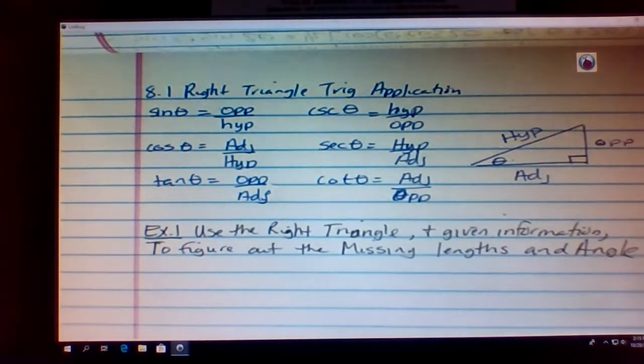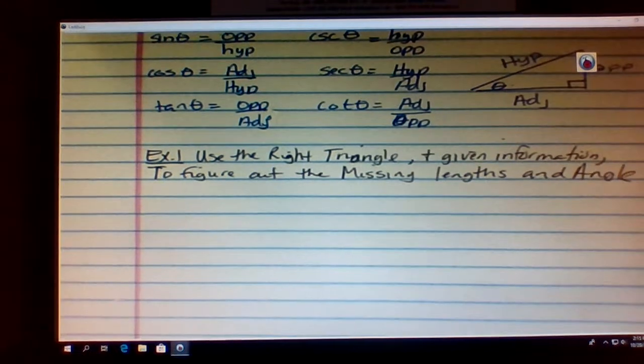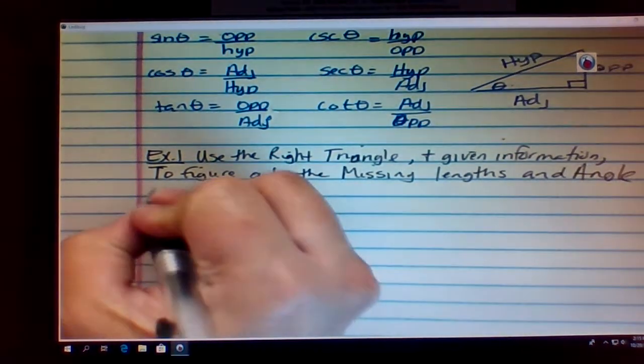Now, how many degrees are there in a triangle? 180. Please tell me you're joking.